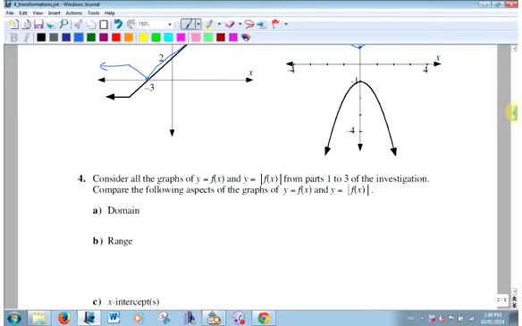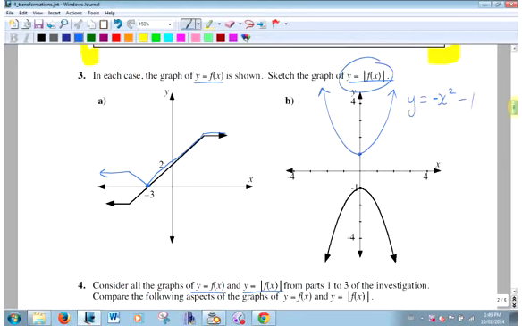Now let's compare these graphs and talk about domain and range a bit. How does domain change from parts 1 to 3? What's the domain of this original graph, the black line? All real numbers. What's the domain of this one? Same thing. What's the domain of this one? That goes on forever.